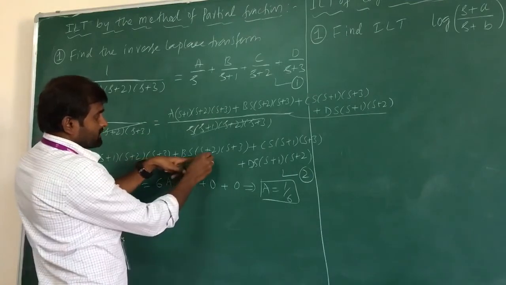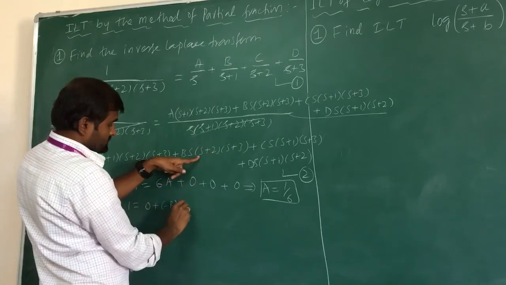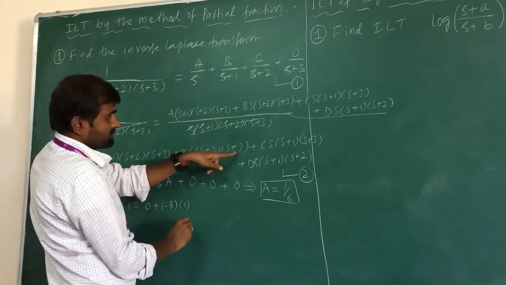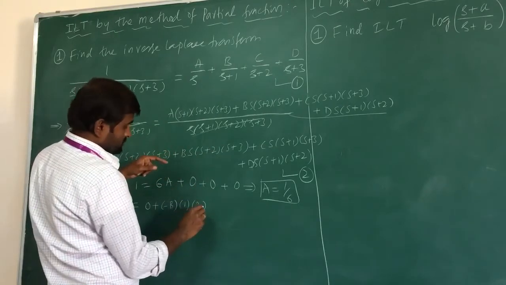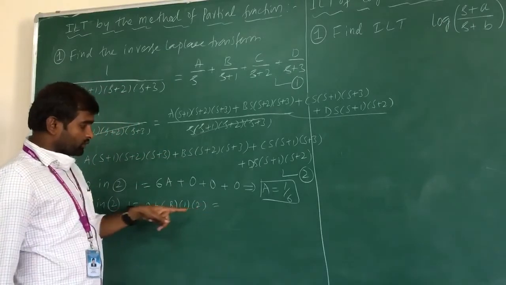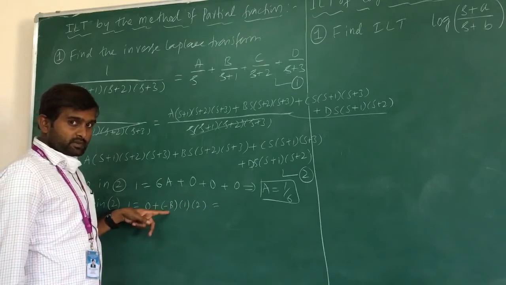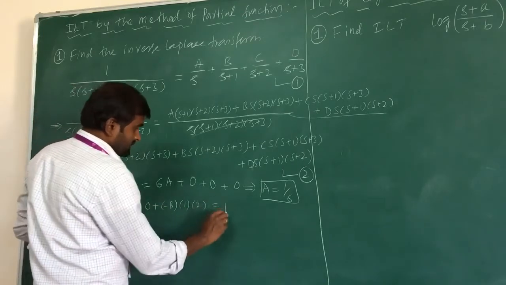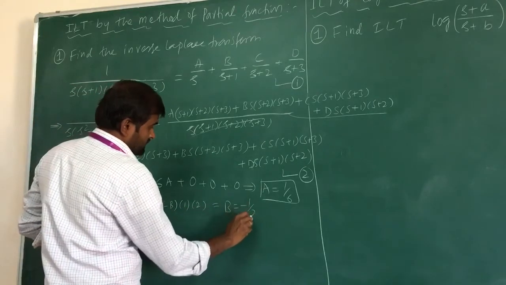Then here minus 1 plus 2 is plus 1, minus 1 plus 3 is plus 2, right? So 1 into 2, 2 into minus b is minus 2b. Now b is minus 1 by 2.